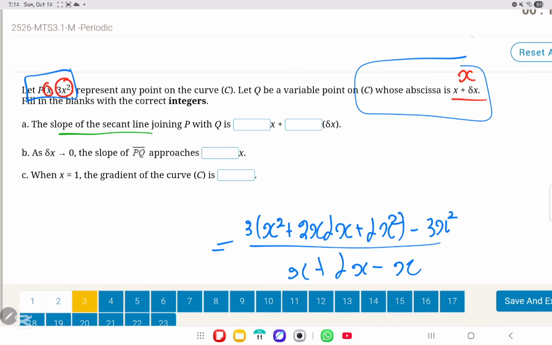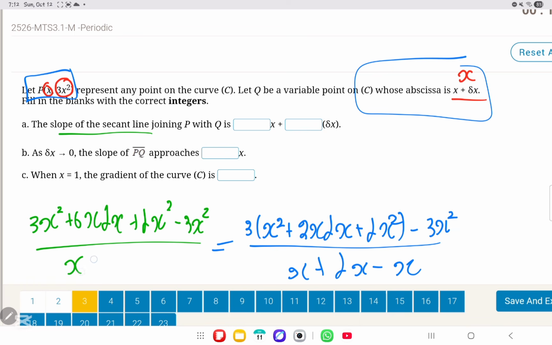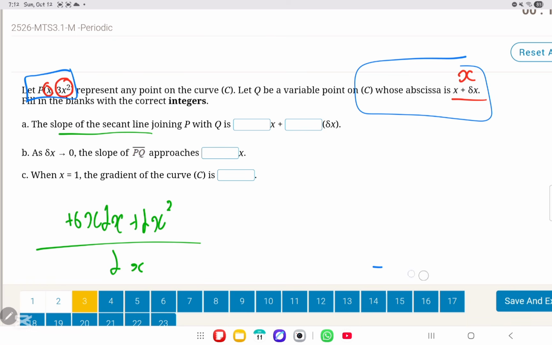So when we simplify it, we are supposed to get, first of all, 3x squared plus 6x delta x plus delta x squared minus 3x squared over x plus delta x minus x. So minus x plus x will be removed. 3x squared minus 3x squared will be removed. So now we're left with this equation over here. Now, oh, I forgot there's a 3 over here. My bad. I forgot to multiply by the 3 over here.